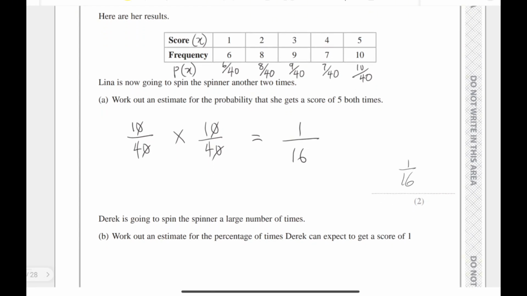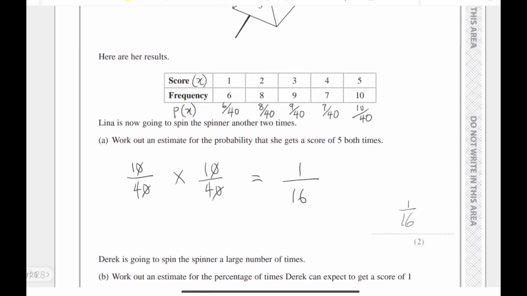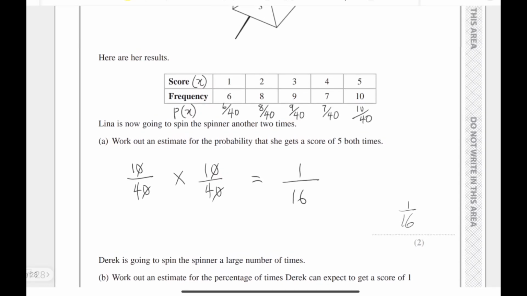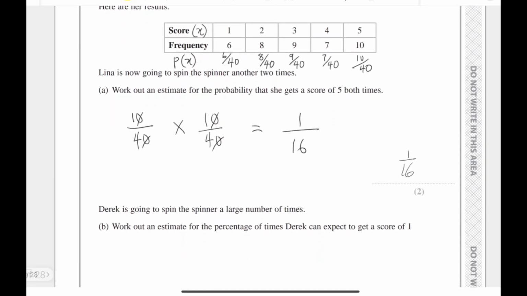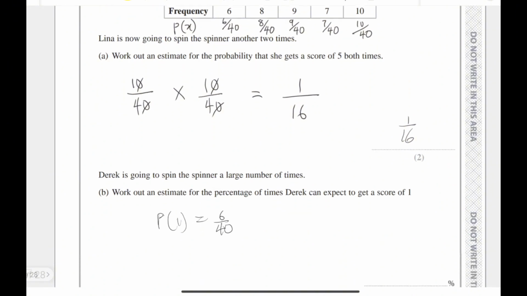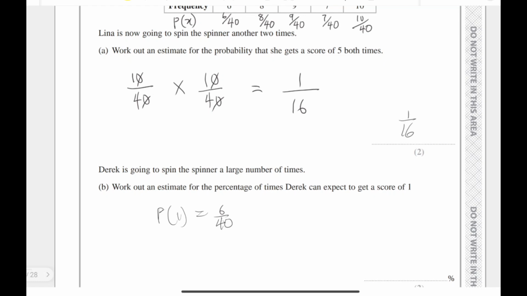Derek is going to spin the spinner a large number of times. Work out an estimate for the percentage of times Derek can expect to get a score of 1. So a score of 1, the probability of 1 is 6 out of 40. So the percentage of that, all we have to do is to convert it to percentage.